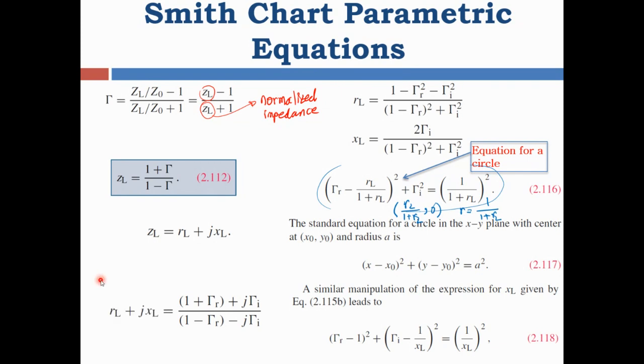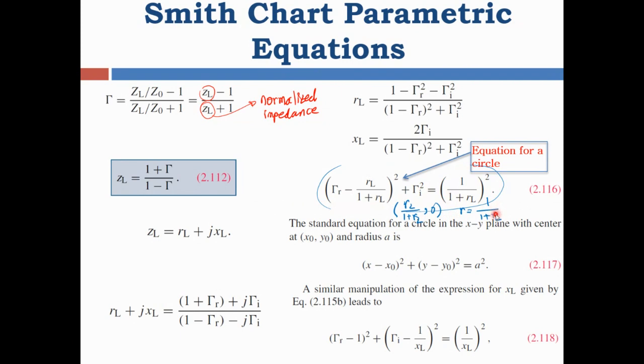Now, if you notice, the center for this equation, 2.116 here, all the centers are going to be along the x-axis because their y component is equal to 0. Okay, and then their radius is going to be 1 over 1 plus R sub L.